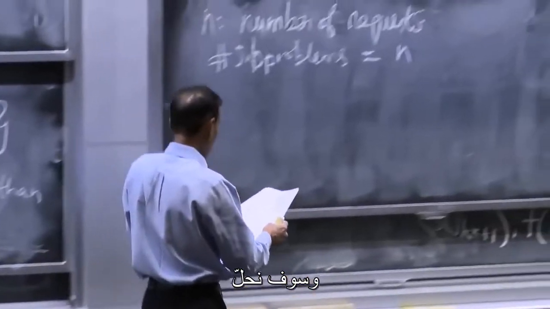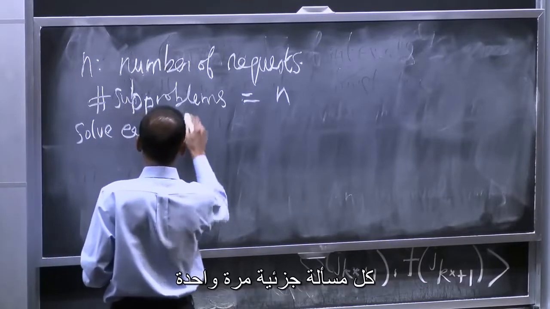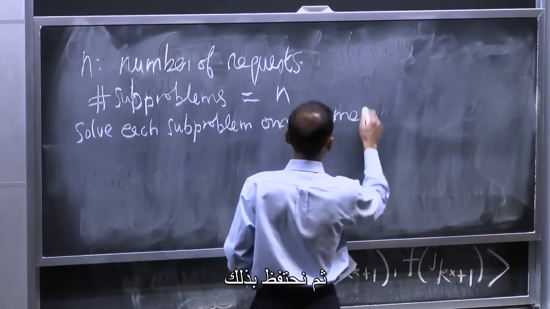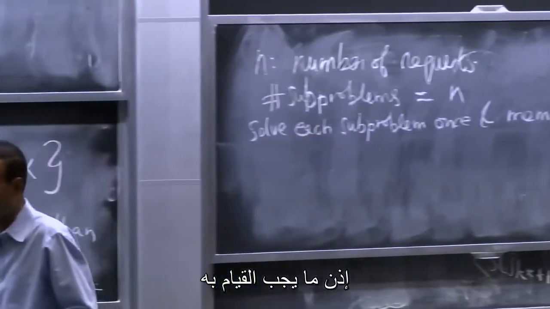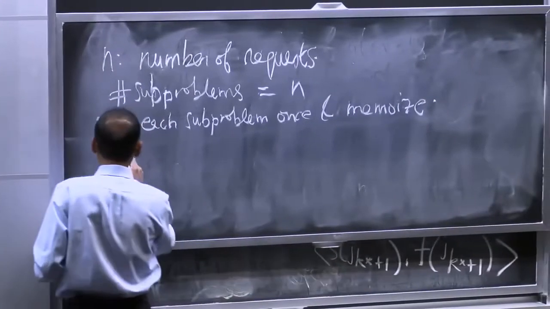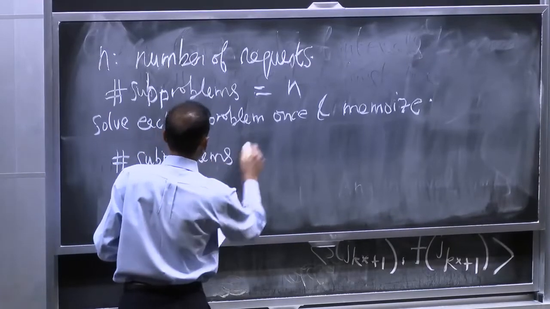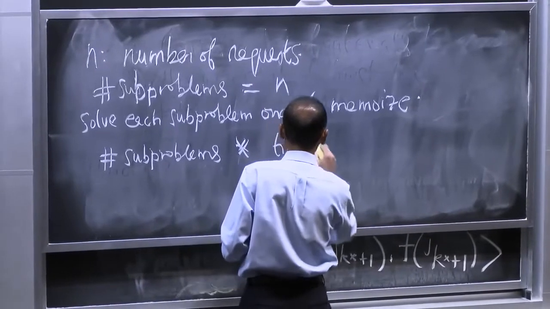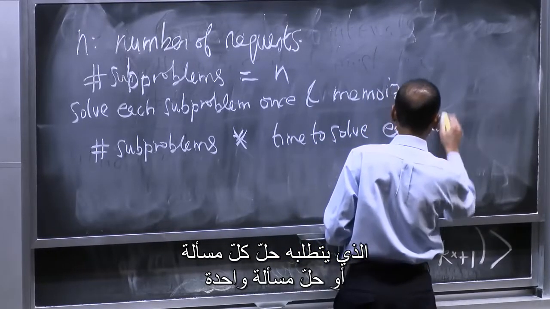So there's going to be n of those subproblems. And we're going to solve each subproblem once, and then memoize. And so the work that we have to do is the basic rule corresponding to the complexity of a DP, which is number of subproblems times the time to solve each subproblem, or a single subproblem.